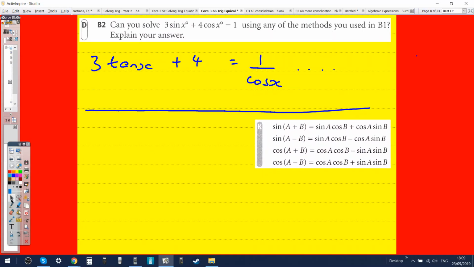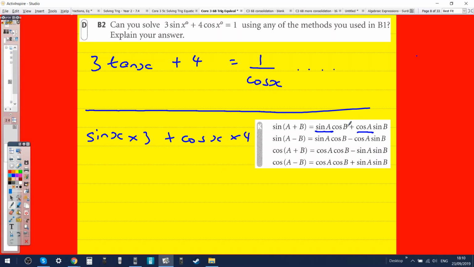So we want sine x plus cos x. This very first one has a plus in the middle, and it has sine first and cos second. So another way to write this would be sine x times 3 plus cos x times 4.